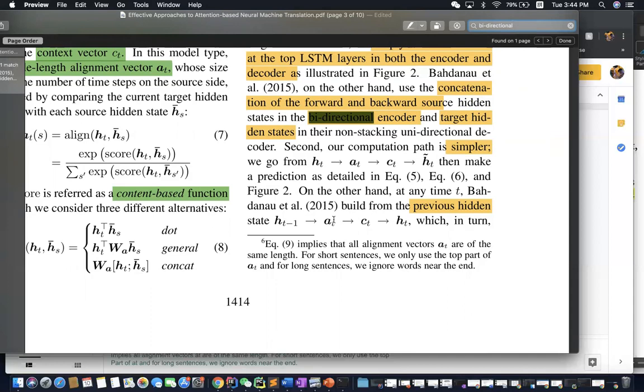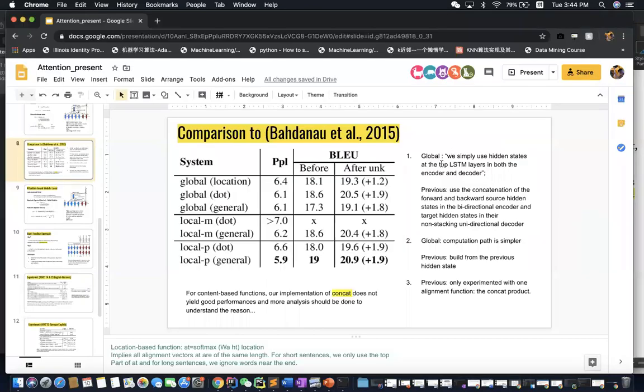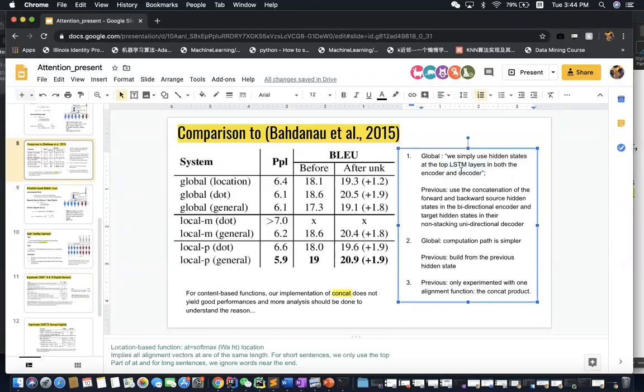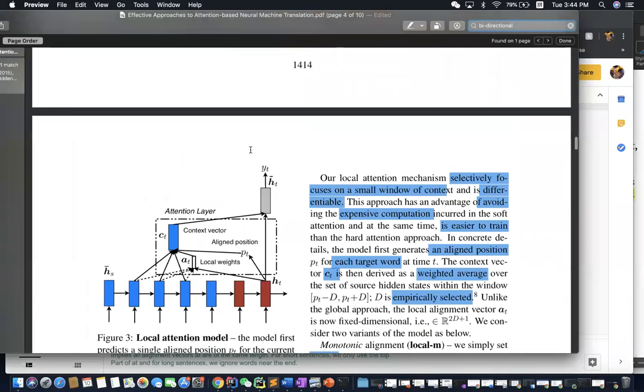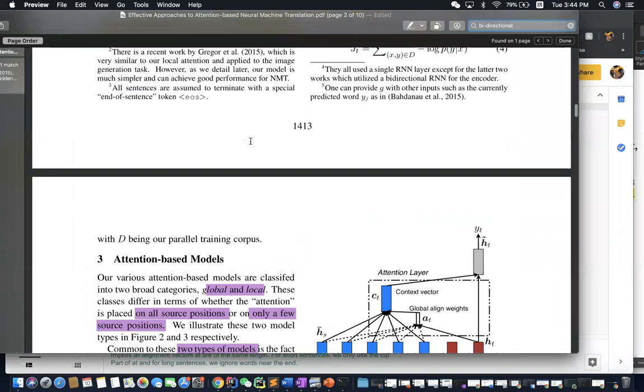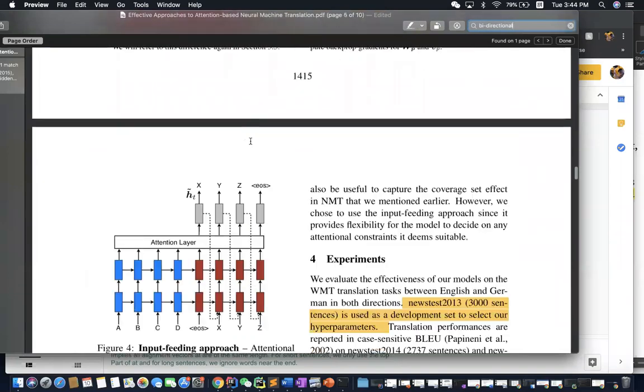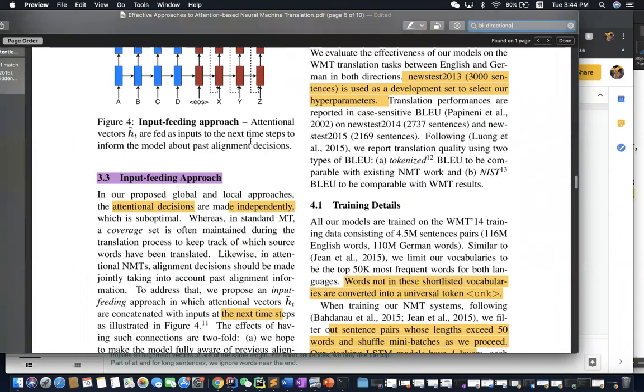But I think our question is whether this paper also uses bidirectional. On your page 8 you mentioned that they only use one direction for both encoder and decoder, but on page 11 there is something like base plus reverse. Does that mean a reverse version of the model, and they add them together?